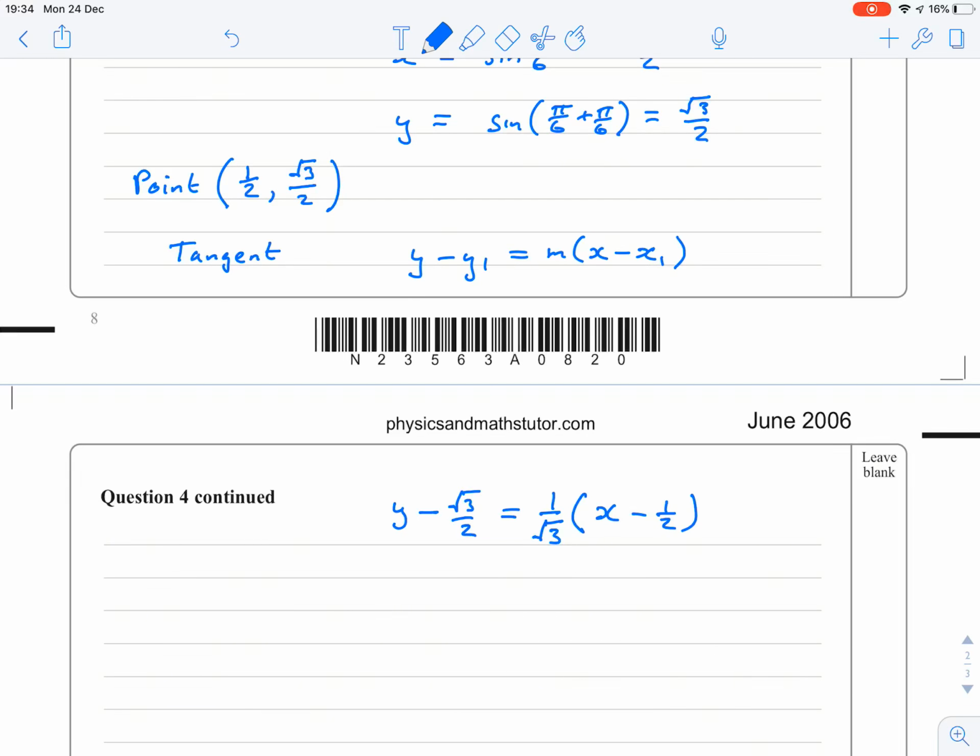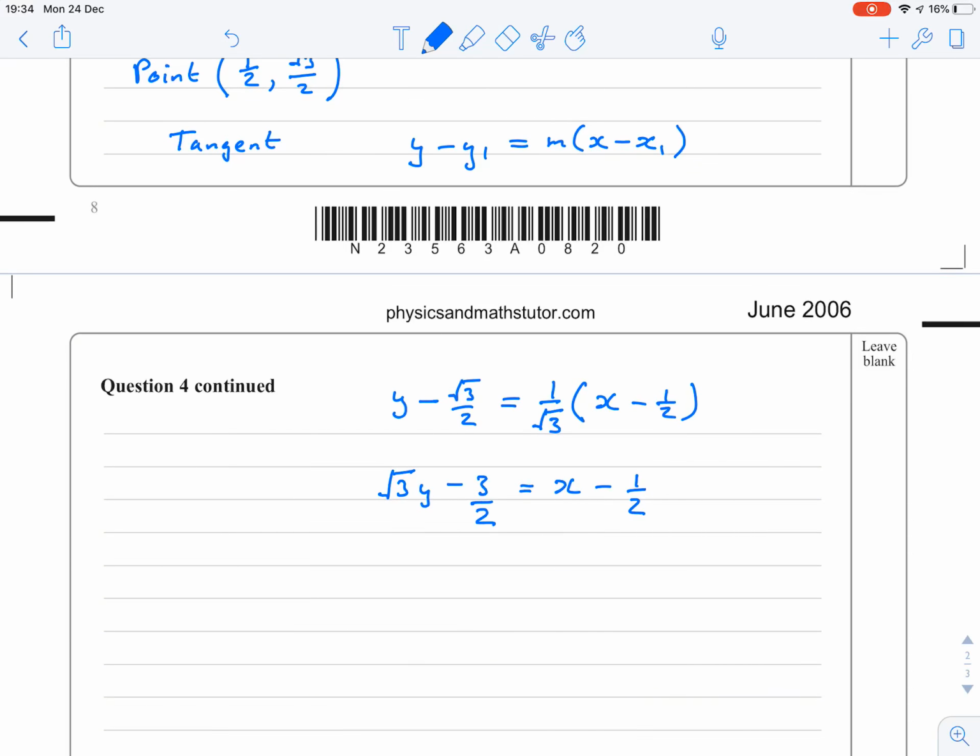Multiply this equation through by root 3 and we'll get root 3y minus 3 over 2, because root 3 times root 3 gives us 3 in the numerator, and that will be equal to x minus a half. If we bring everything to the right hand side, we'll get 0 equals x, bring the y's across, becomes minus root 3y, bring the minus 3 over 2 across, and we've got minus a half plus 3 over 2, which is plus 1. And that gives us an equation of the tangent.